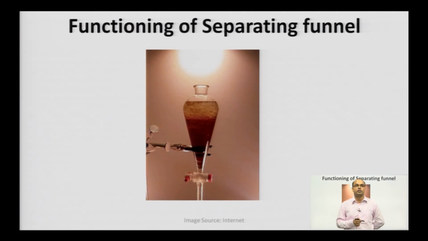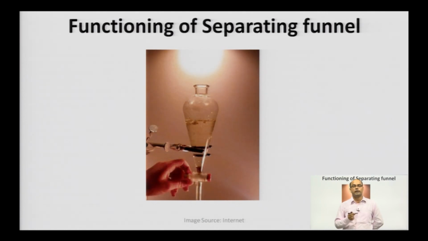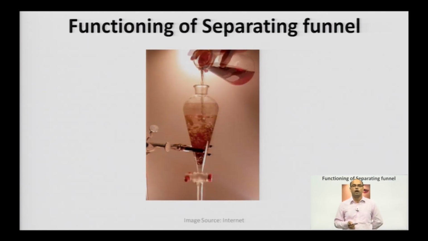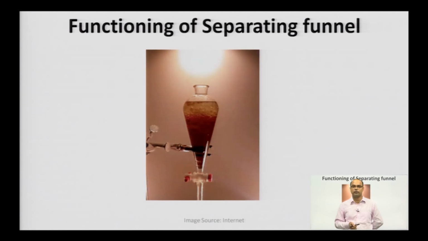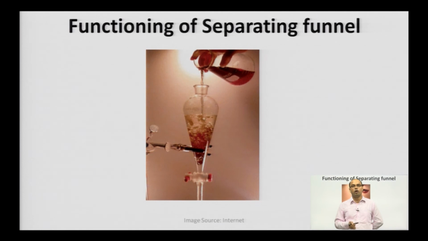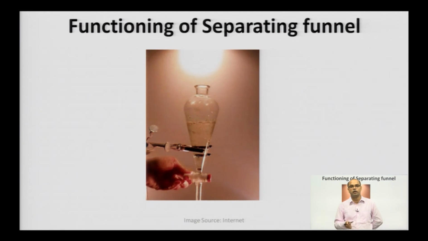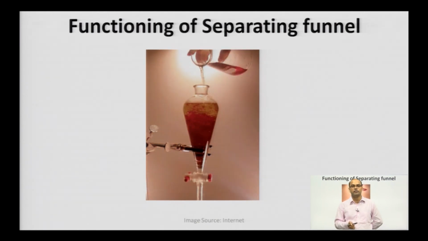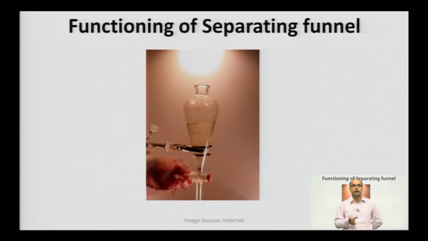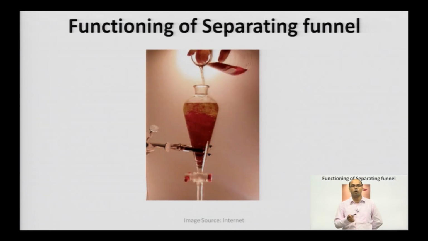This is the functioning of the separating funnel. This separating funnel is used to isolate 2 immiscible liquids along with their dissolved phytoconstituents. We can also transfer a dissolved phytoconstituent from one liquid to another on the basis of its partition coefficient. Suppose we have to isolate a non-polar compound from a polar solvent.